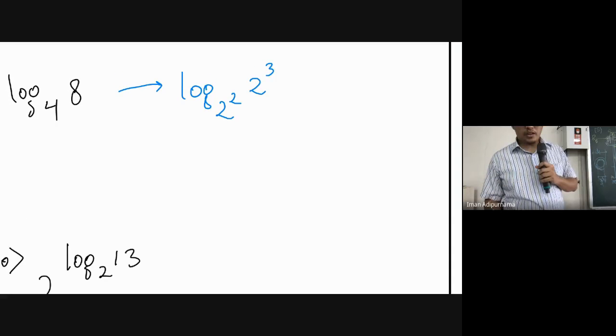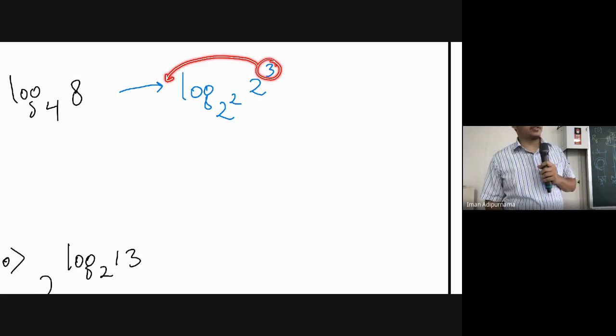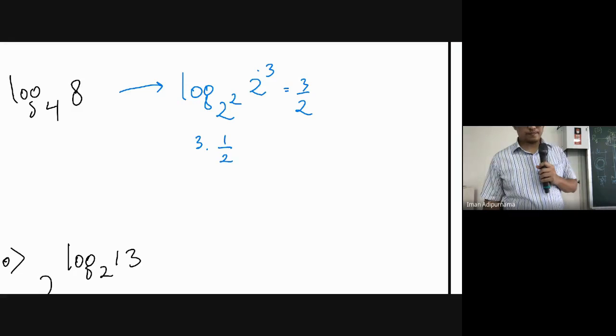when you have 3 here, you can move to the front, right? So it becomes 3. And how about if you have something here? You can move also to the front, but become at the bottom. Okay, so you can write this as 3 over 2, meaning 3 multiplied by 1/2. 1/2 is from this, 3 from here.